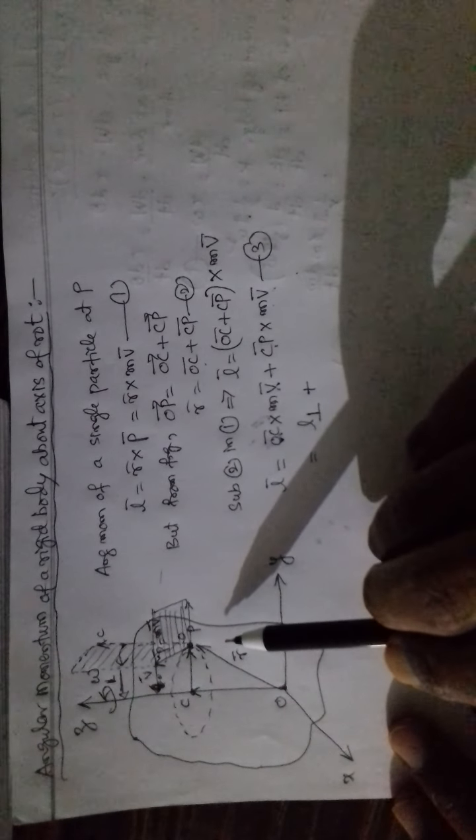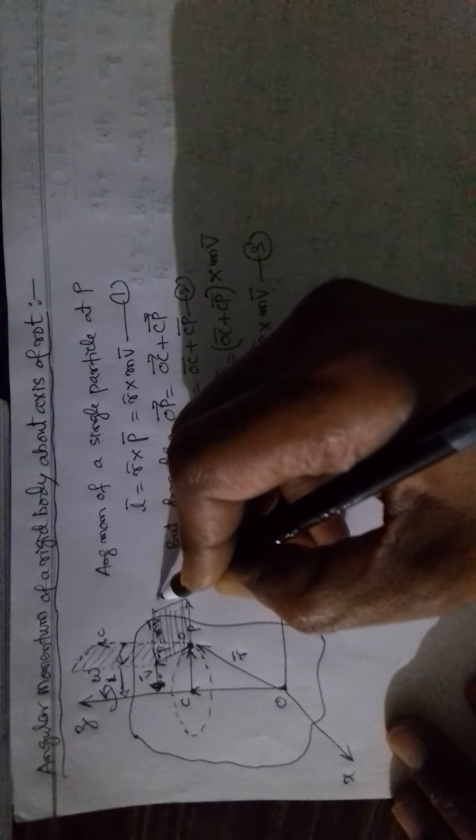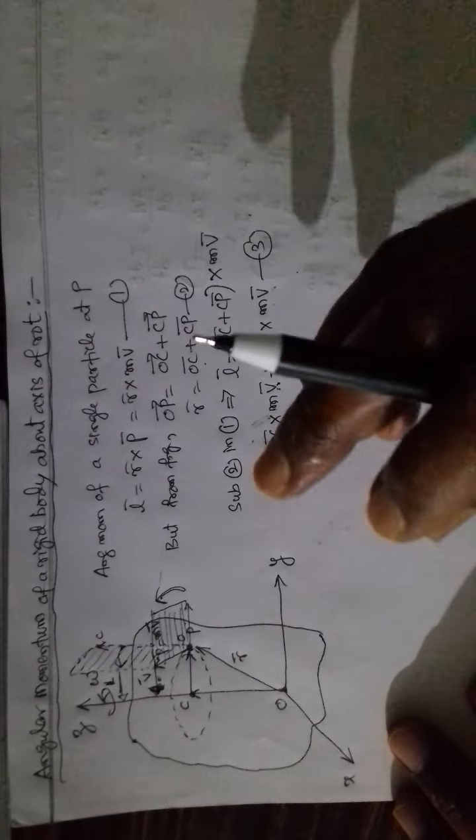Now if a right-handed screw is moved from CP to V in this direction, this is anti-clockwise, so it will move up, perpendicular to the plane, and that automatically becomes the z-axis. So the angular momentum will be along the z-axis.